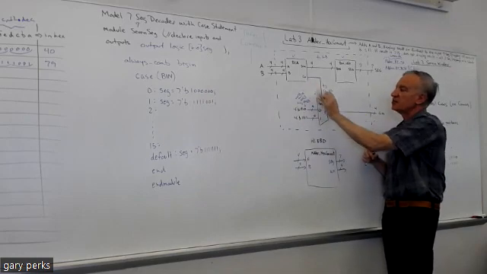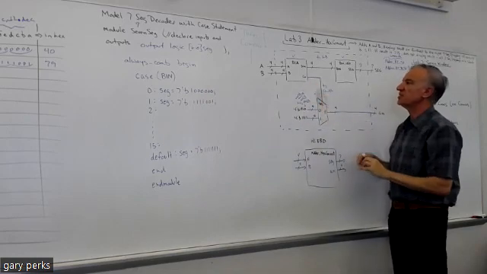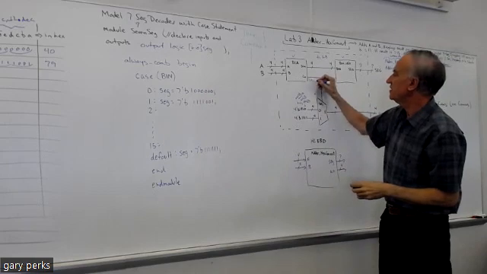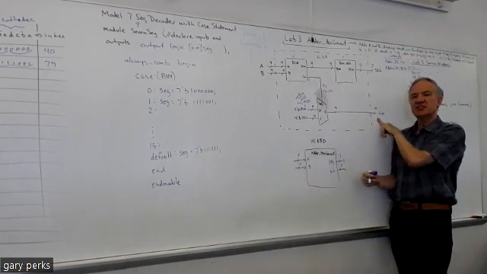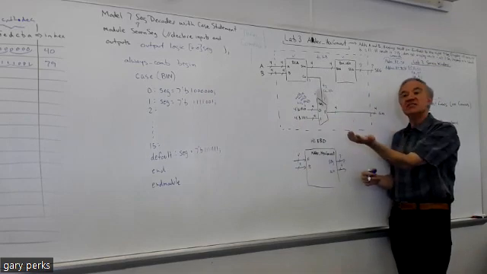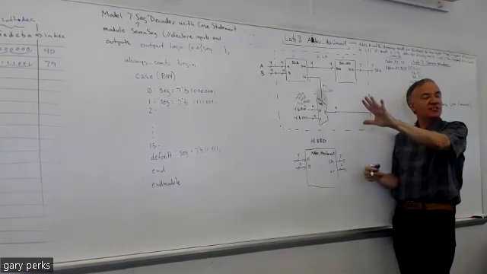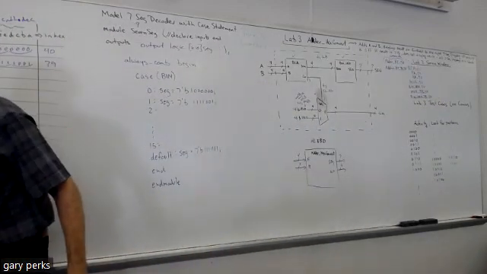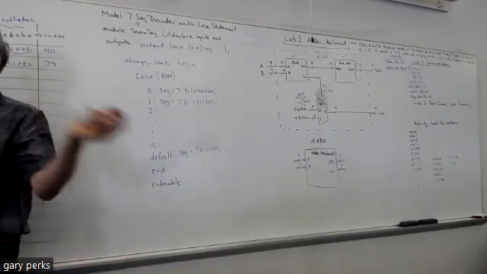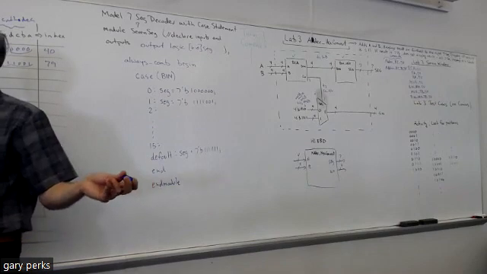Now, when the carry out is a 1, meaning the result was greater than 15, what's going to be at the output here? All 1s. And if you've got all 1s in your anode of all your displays, that's going to make this side of the NOT gate a 0. That's going to shut off all your displays.